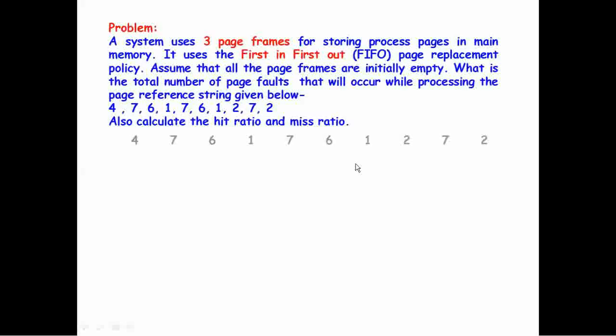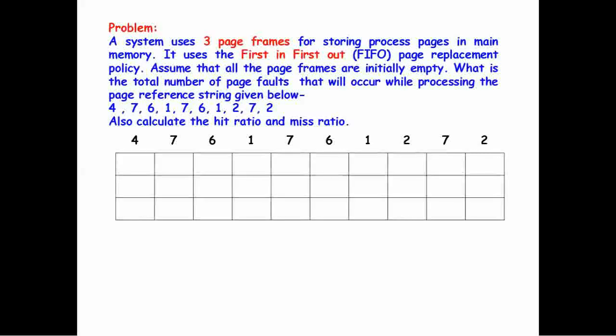3 page frames were given. Initially, the 3 page frames are empty. These are all the 3 page frames. Initially, these frames are empty. 4 is not available in the main memory, so a page fault occurs.